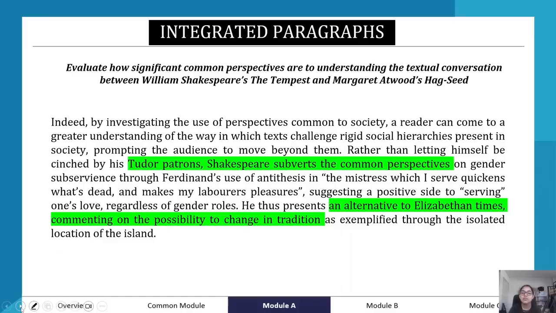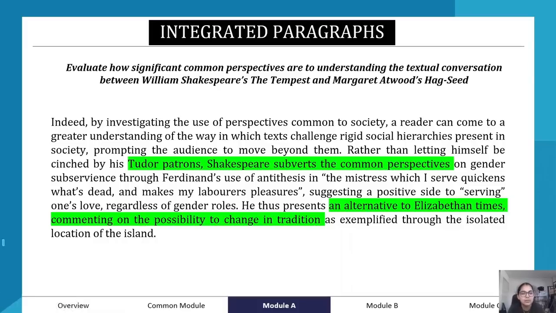So here we can see we've got our two main ideas. Essentially within this integrated paragraph, Shakespeare starts off and provides us a certain perspective on the textual conversation, and then we see Atwood join this conversation and give us a different perspective, portraying some different ideas that resonate with her 21st century audience.